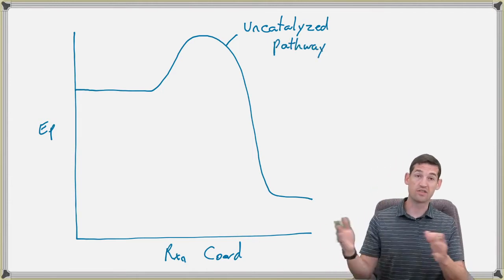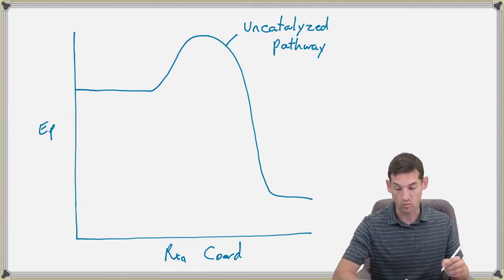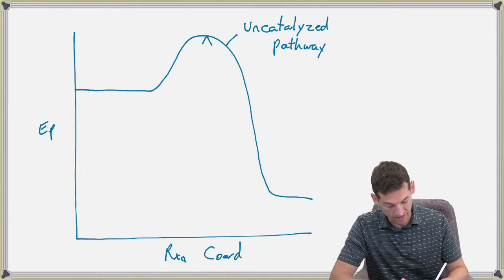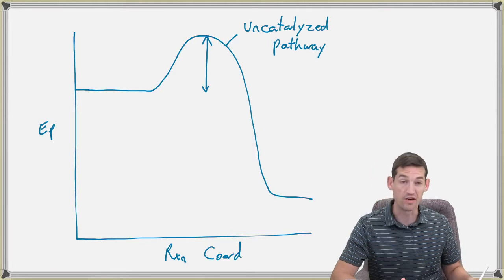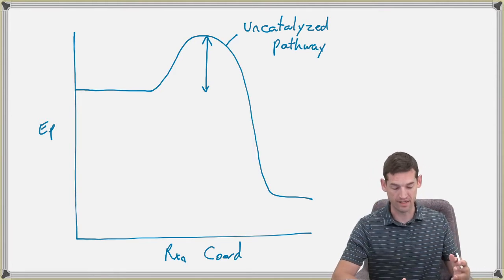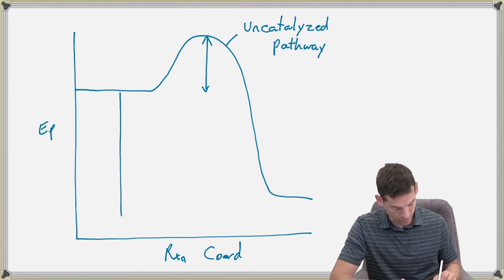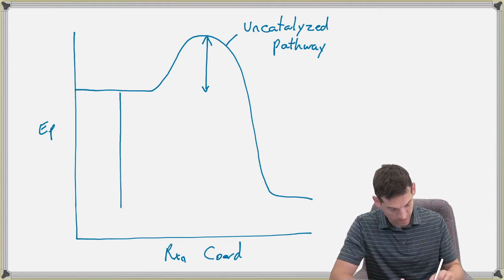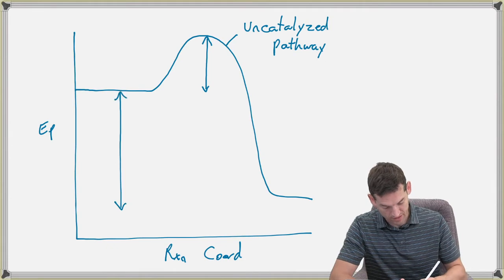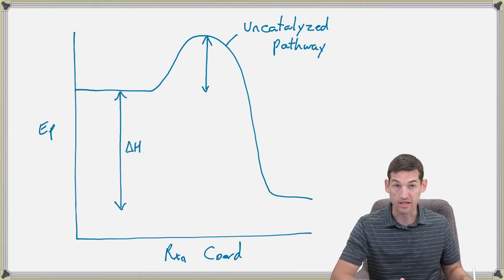So without a catalyst, this is what it's going to take. We're going to need to provide this much activation energy uncatalyzed, and we're going to have this much, oh, I'm a little too deep there, that's going to be our delta H.